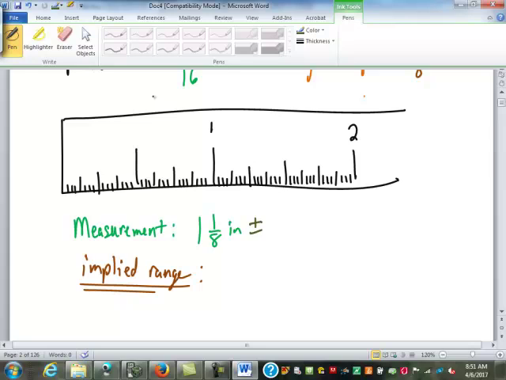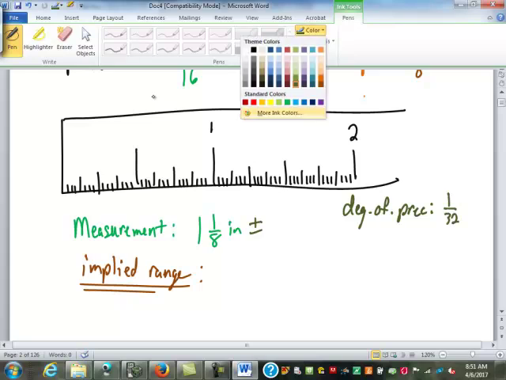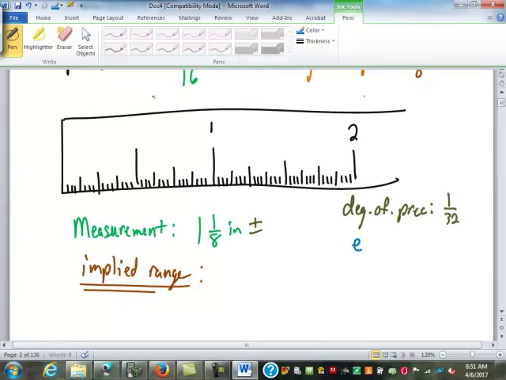What's that converts to 32nds. You can convert to 32nds, but what's our degree of precision here? Degree of precision is 1/32. That's 1/32. So what is our possible error?